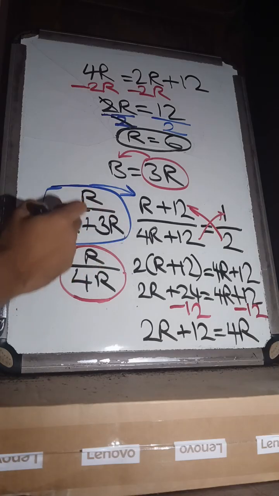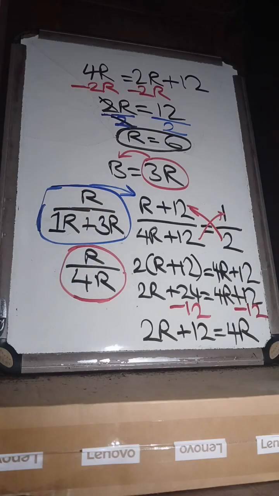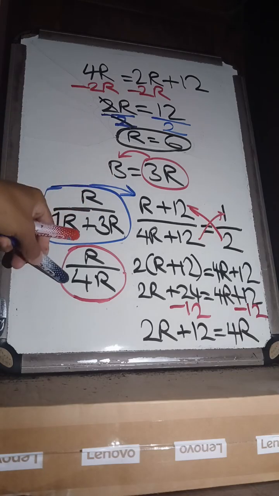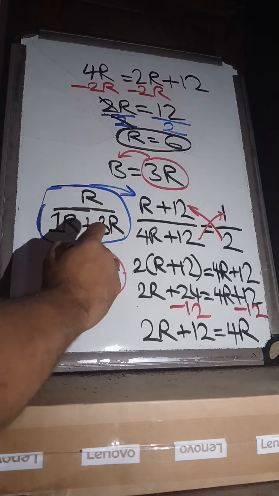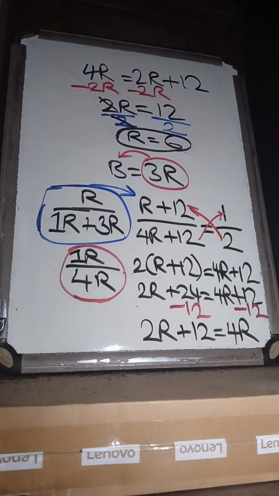You put the 1 in front of that. That is why the 1 plus the 3 give us this 4. And if you wanted to, you could have put a 1 right there. So it would show the relationship between up here and down here. If you have 1 R up here, you have 4 of them down there. Yeah. So that was, I'm not gonna lie, for a multiple choice question, kind of deep.